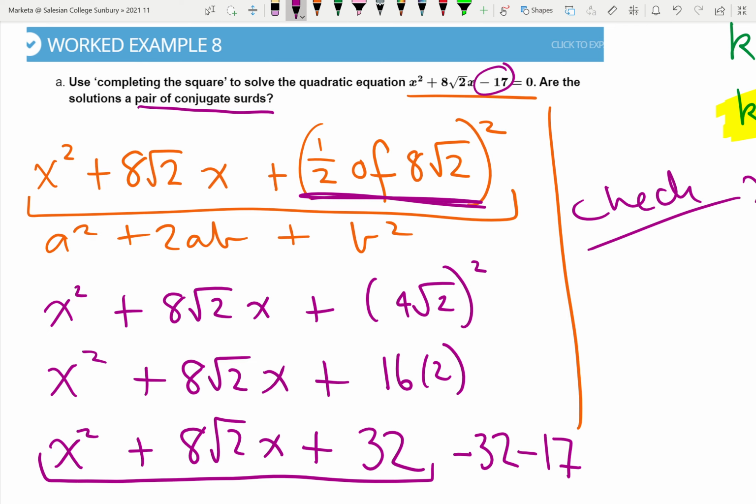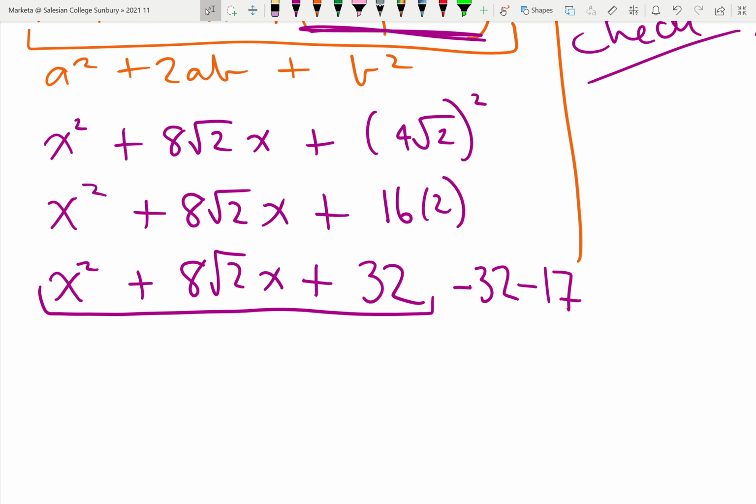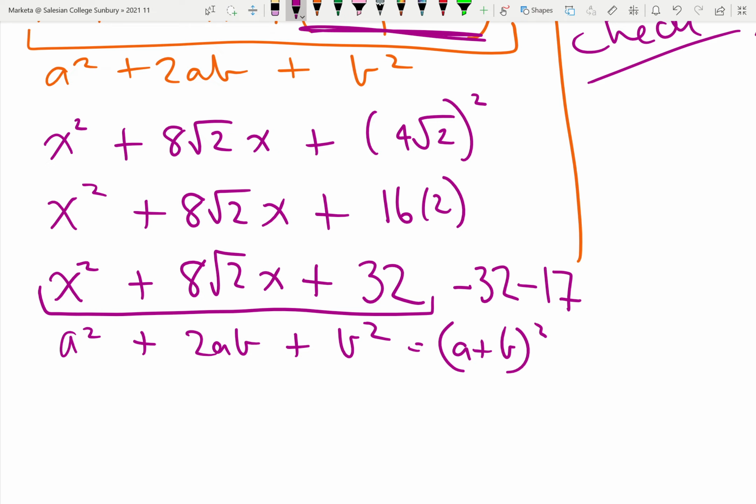All right, so let's see. Now this is a squared plus 2ab plus b squared. So let's factorize that to a plus b squared, which is a is x, b is root 32 squared, minus 32 minus 17 is minus 49.